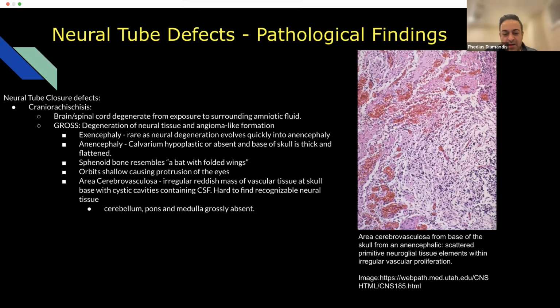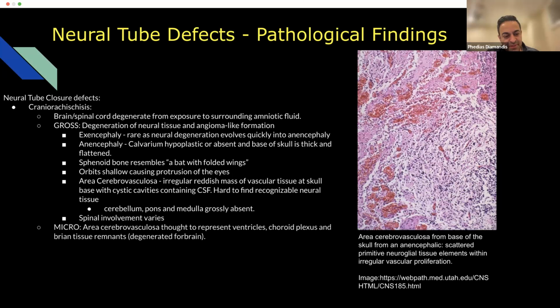The cerebellum, pons, medulla, those structures in the back near the mesencephalon, are usually grossly absent, and the spinal cord involvement varies depending on how much of it was completed. Microscopically, you have vascularized tissue with primitive neuroglial tissue and vascular proliferations, so there's really nothing more to say.